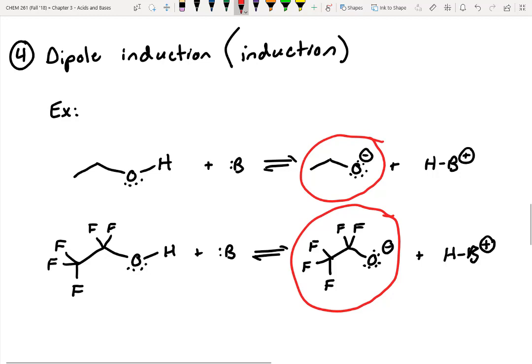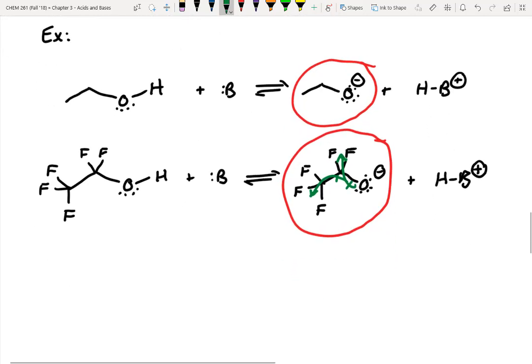I like that word. All right, so you can think of it this way, right? The fluorines here are going to be pulling electron density away from that oxygen, and then the fluorines over here are also going to be pulling electron density away from that oxygen. So that tugging force by each of the fluorine atoms is basically stabilizing that negative charge a little bit.